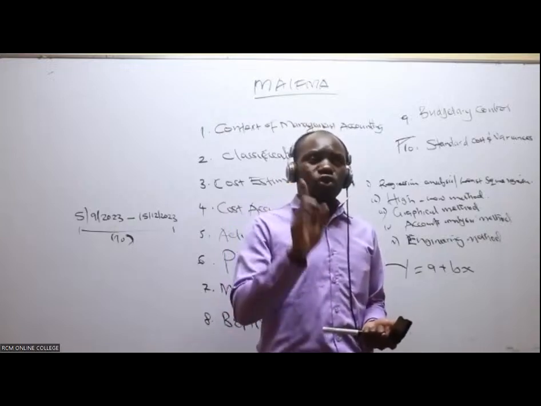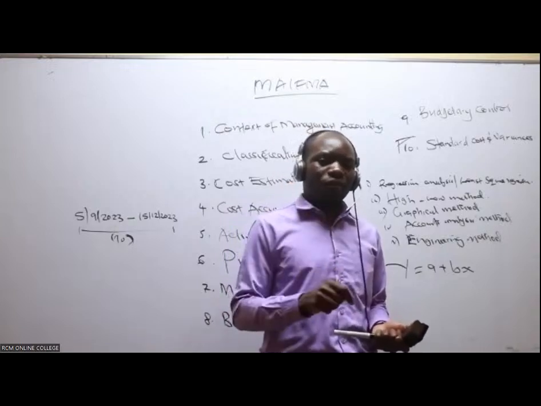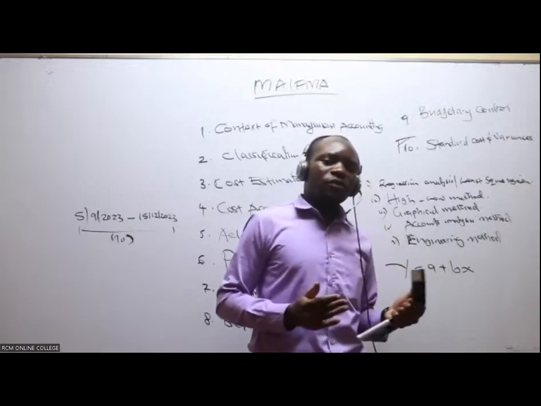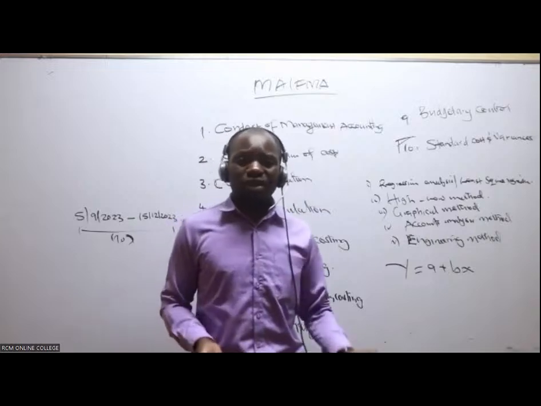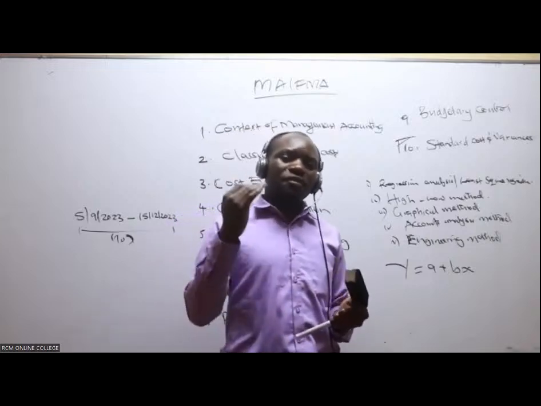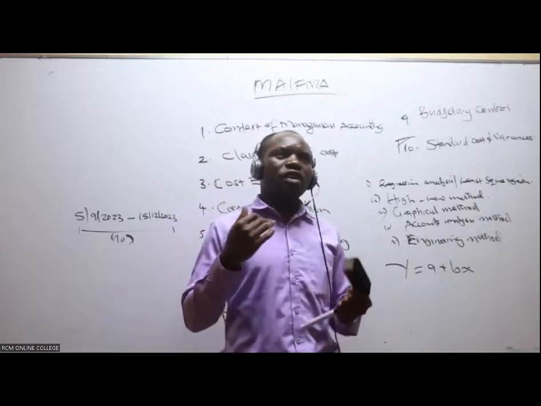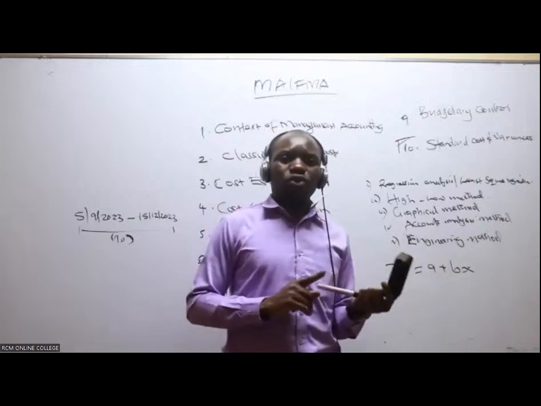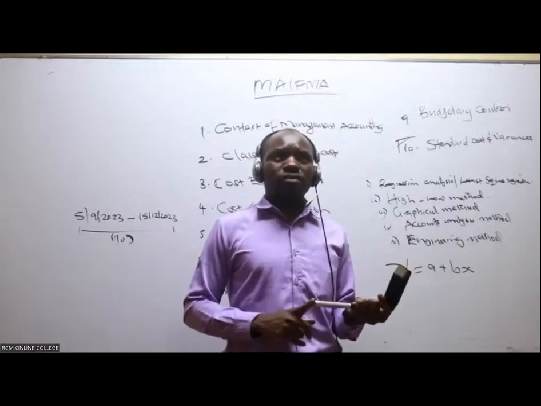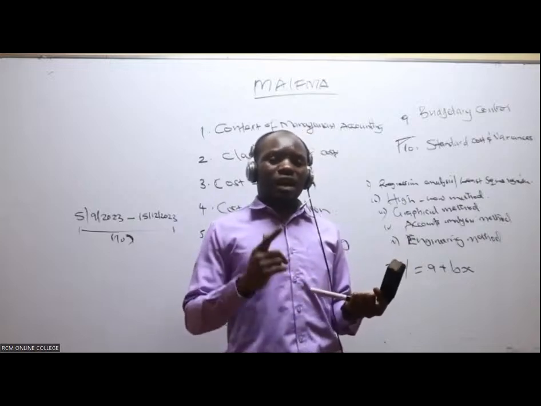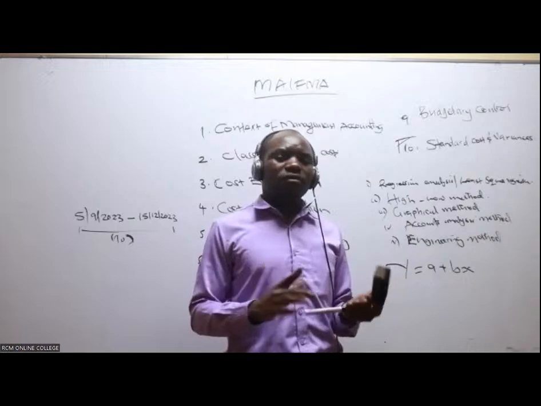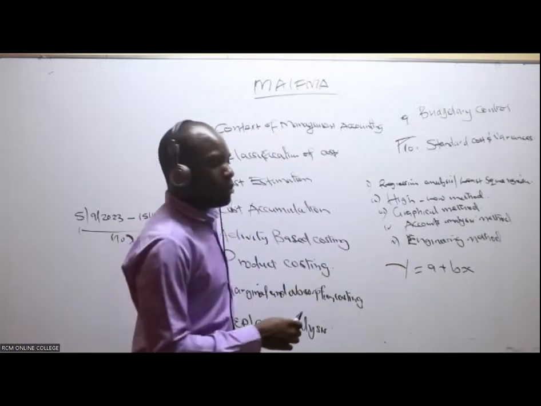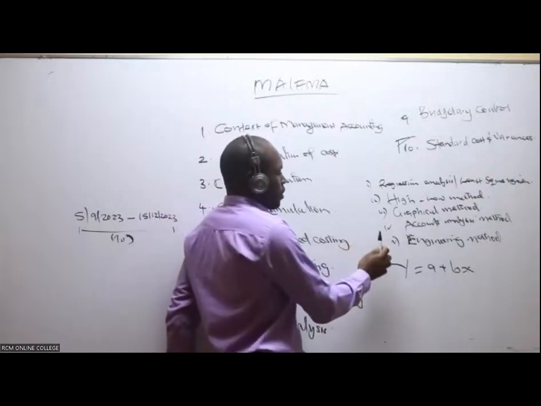But what you need to understand at this particular level, are you able to describe for us what engineering method is? Are you able to give us the advantage and disadvantage of engineering method? That is all you need to know about it. Explain to us what engineering method is, and its advantage and disadvantage, so that you will be able to do it.